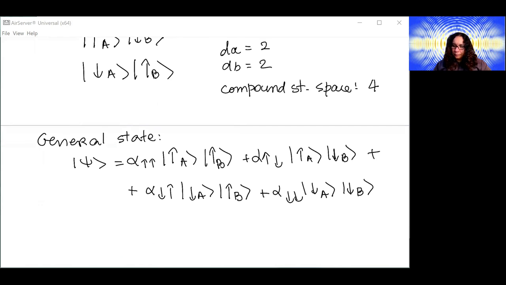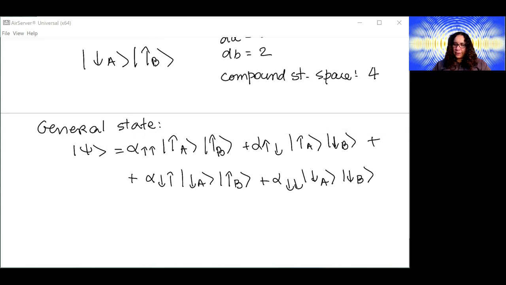And this is giving you the weighting. These are coefficients. We have, again, a weighted sum, so we're spanning all this compound state space.